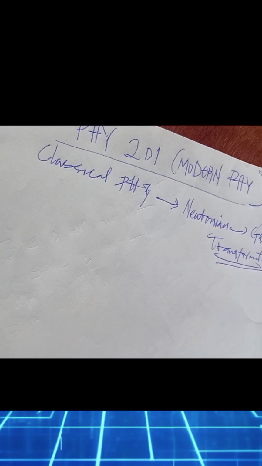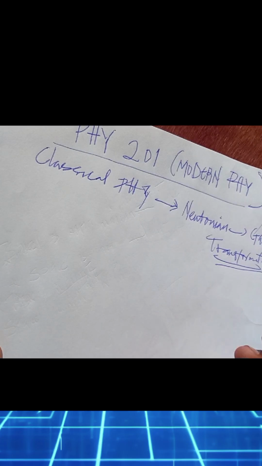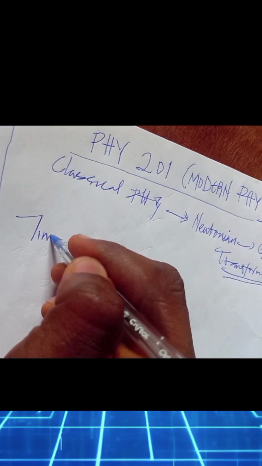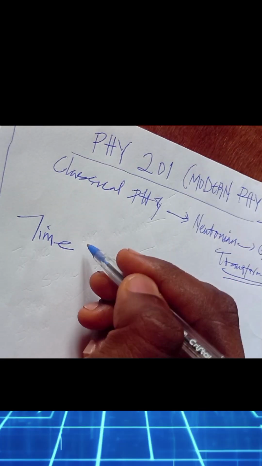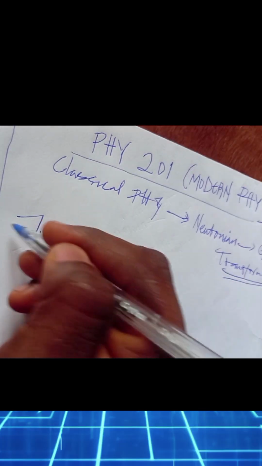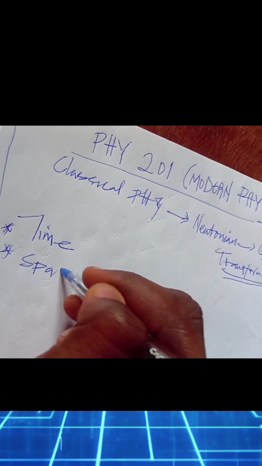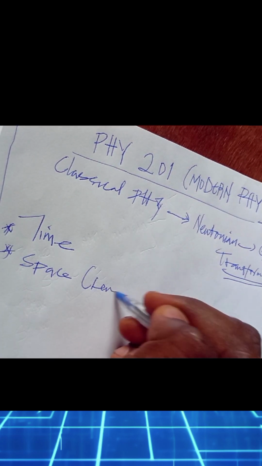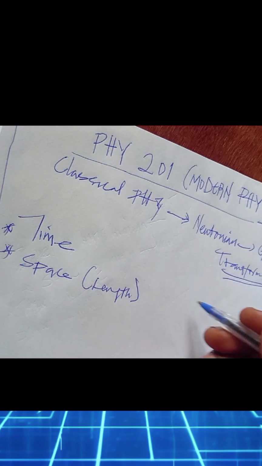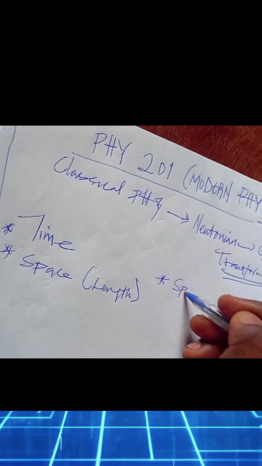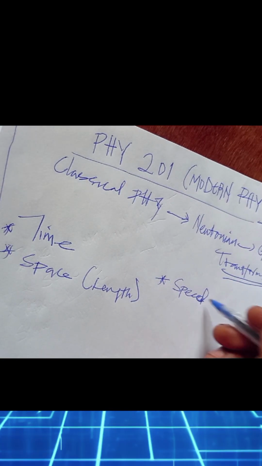First thing first, in Newtonian physics, let me write down the things that you need to know: time, space, which we also call length, and speed of light.